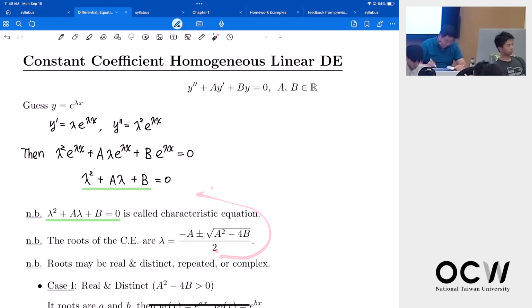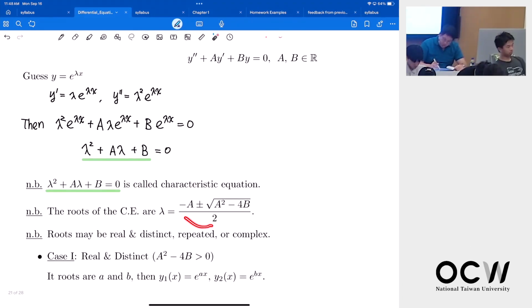Since the roots have a plus and minus sign, they could be real and distinct, repeated if the square root part is 0, or complex if it is negative.